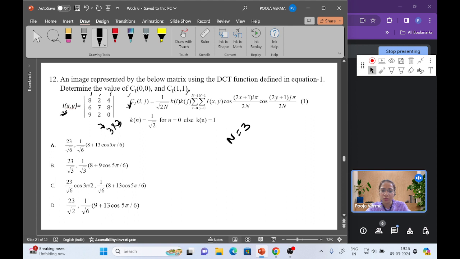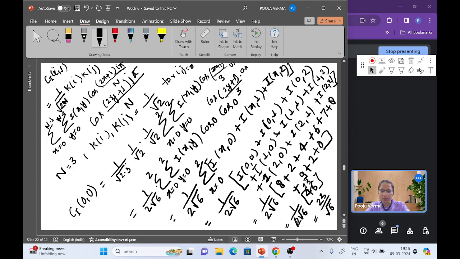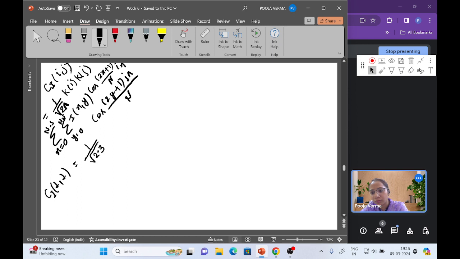For n equal to 0, that is 1 by root 2, and otherwise it is 1. So k of 1 is also there. Then summation x varies 0 to n minus 1, that is 2. Y also varies 0 to 2, right?